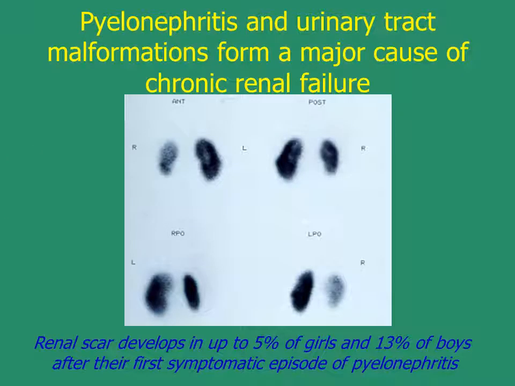Pyelonephritis and urinary tract malformations form a major cause of chronic renal failure. Renal scar develops in up to 5% of girls and 13% of boys after their first symptomatic episode of pyelonephritis.